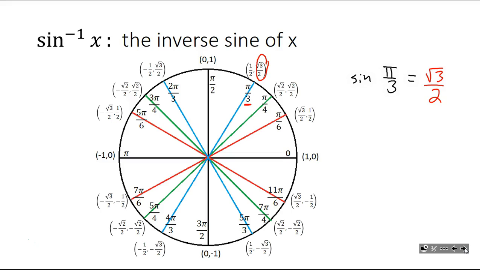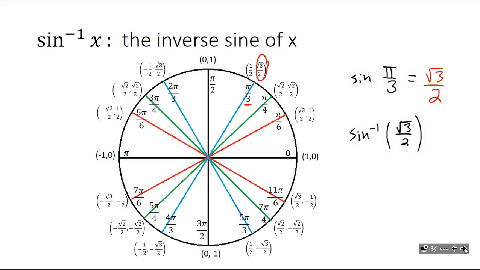Now, let's contrast that with the inverse sine. By the way, inverse sine is sometimes pronounced arc sine. Now, in the inverse sine, as with all inverse functions, essentially our inputs and our outputs are reversed. So if we want to do a problem similar to the one right above it, we'd say, what is the inverse sine of the square root of 3 over 2?